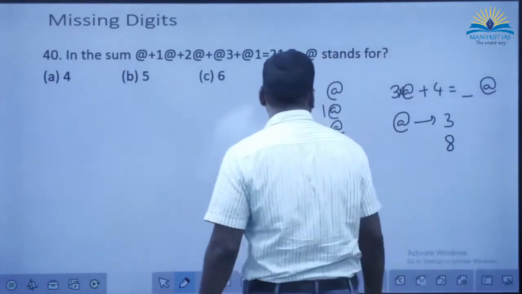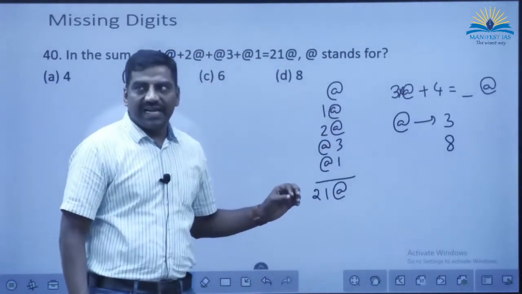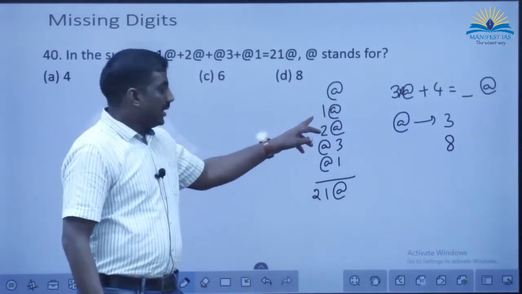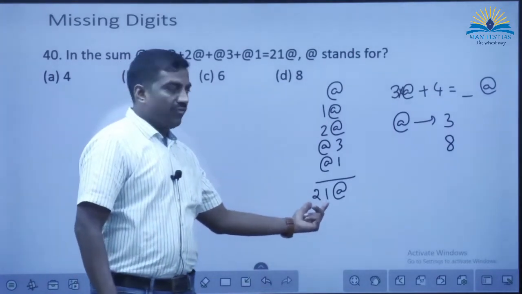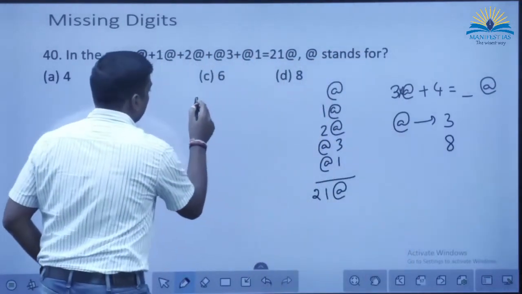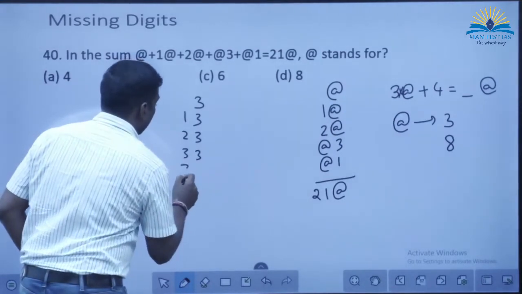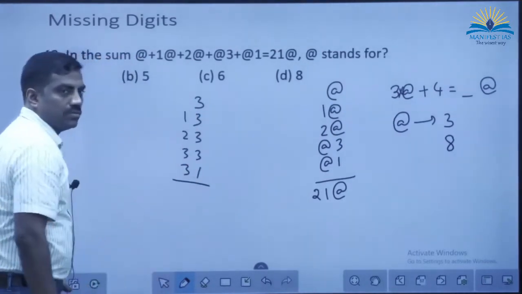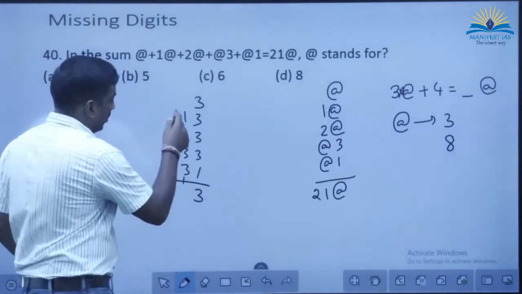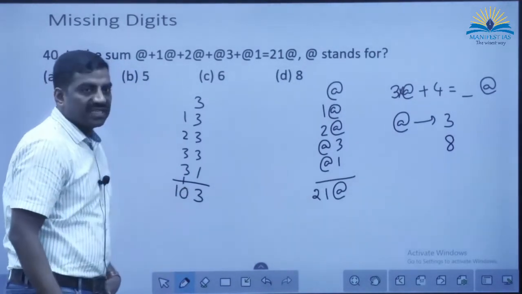Now, here this is done. We'll finally decide depending upon this one. Here, finally we have to get 21. If you assume 3 here, 3, 1, 3, 2, 3, 3, 3, and 3, 1, what will be the total? 13, 1 carry. Will it satisfy?